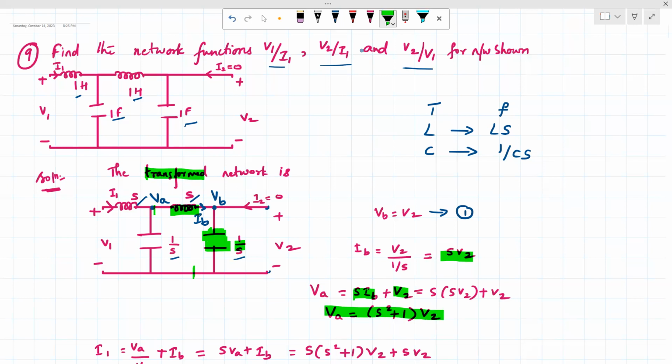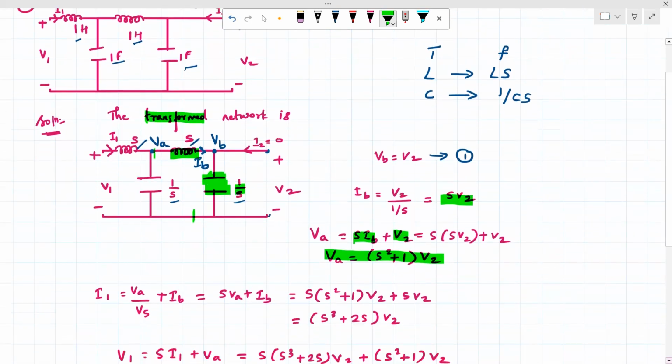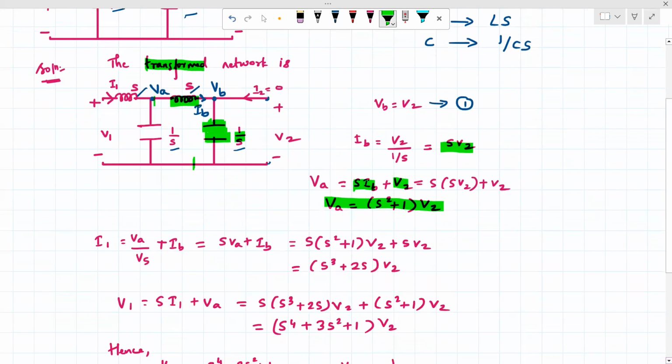Now we will calculate the value of I1. I1 is the current here. So this current is dividing between these two branches.